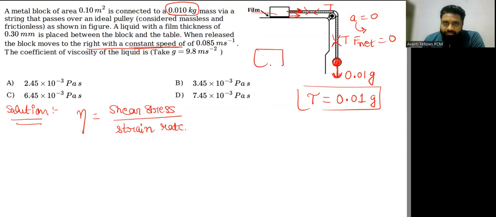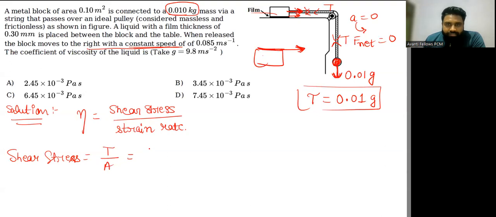Shear stress means we have to take the component which is parallel to the surface. So shear stress is nothing but the tension divided by the area, because the same tension is going to act on this block.